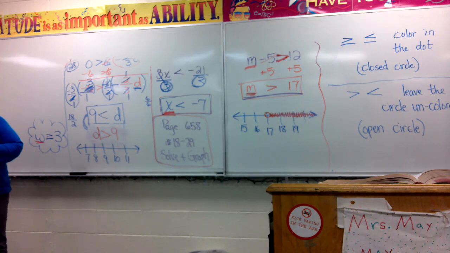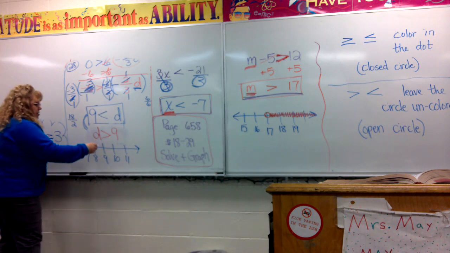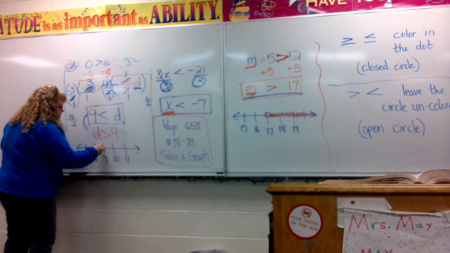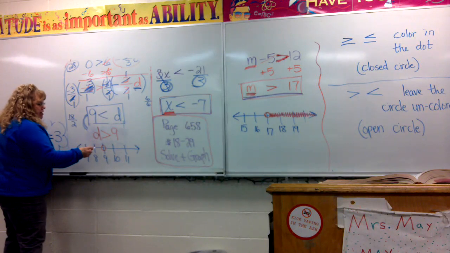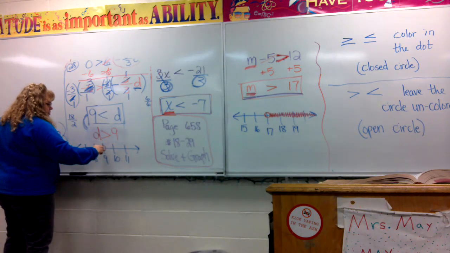Make a circle at 9. Should I color it in? No, it's just greater than. So I'm going to make my circle at 9, and then I want the values that are greater. Which way, right or left?